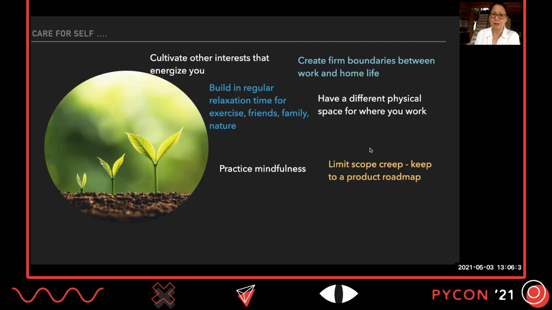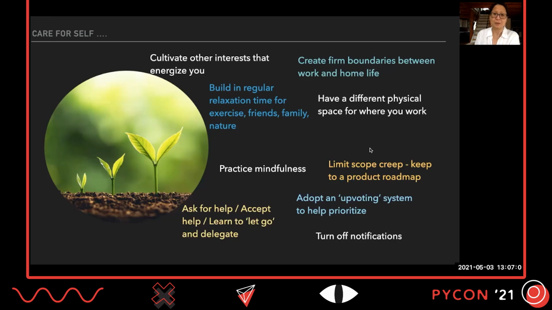Limit scope creep. Build your own product roadmap with clear deliverables and timelines. Publicize it and keep to it. Adopt an upvoting system on proposed features to help with prioritization. Turn off notifications and set aside fixed times to check in and comment on feedback.